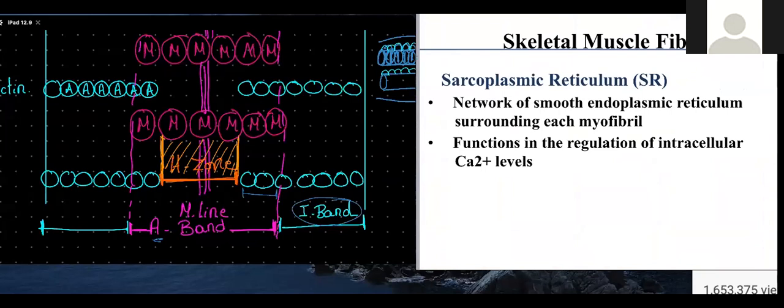Skeletal muscle fibers. Remember, what is the sarcoplasmic reticulum? Sarcoplasmic reticulum, this is the smooth endoplasmic reticulum of the skeletal muscle cell. It's a network of smooth endoplasmic reticulum tubules surrounding each myofibril. The function here will be to regulate the levels of calcium in the cytoplasm of the skeletal muscle cell.